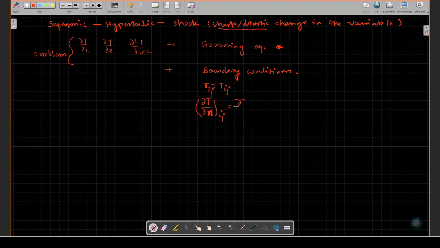Here the conditions may be given like q n ij, or you can have a combination of these two, and you'll have to specify like that. So you have to remember, not only the governing equations but also the boundary conditions need to be discretized.